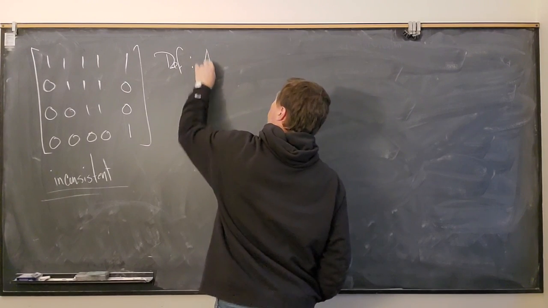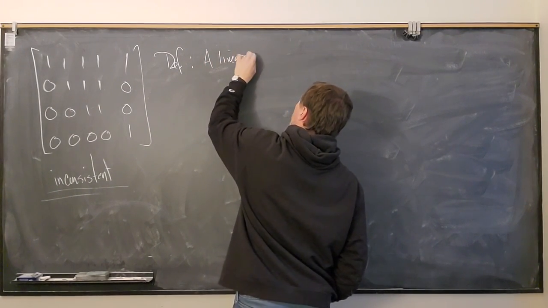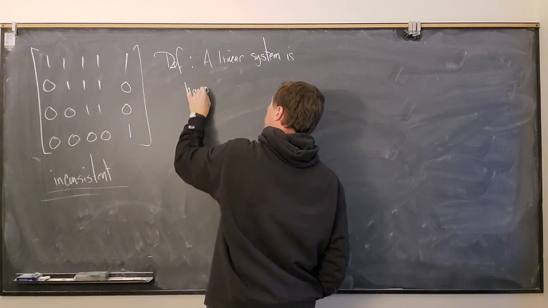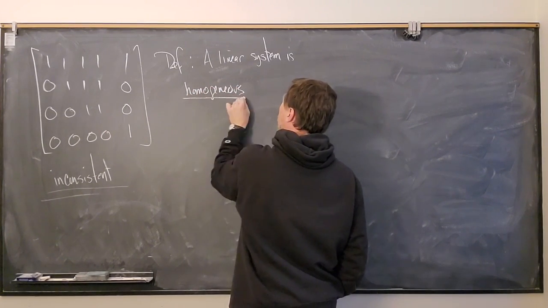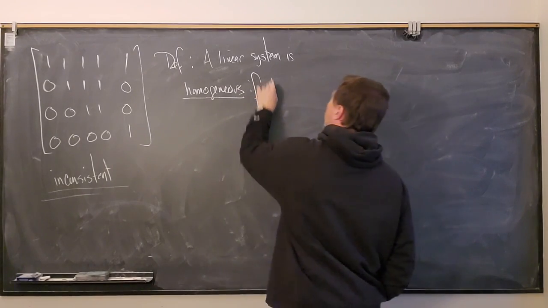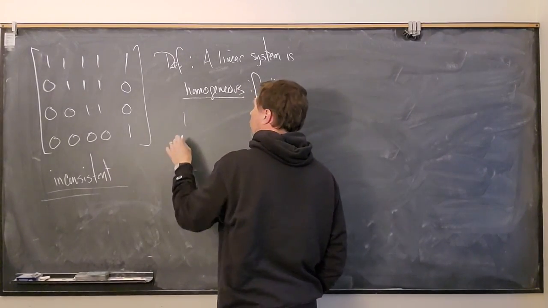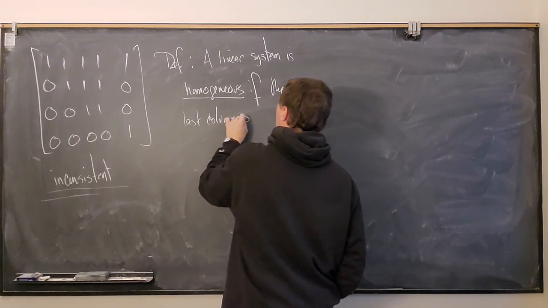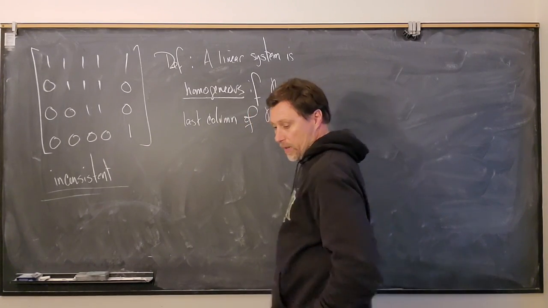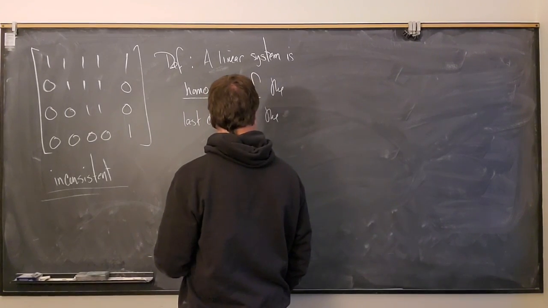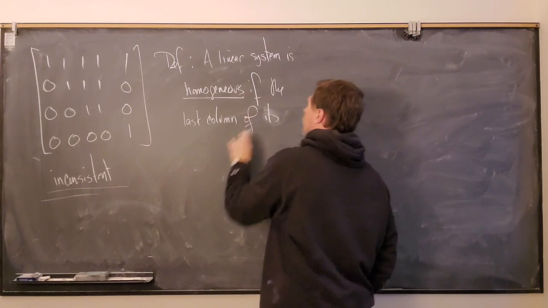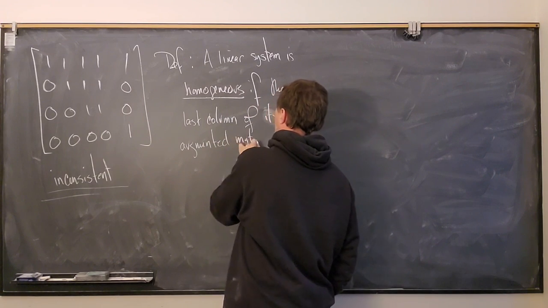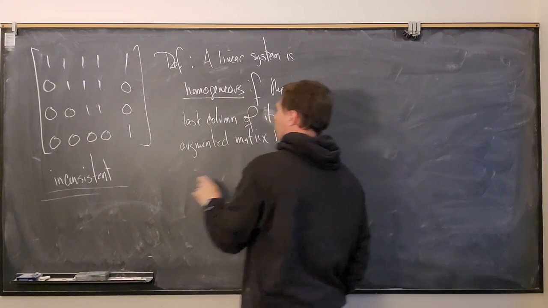So a linear system is homogeneous if the last column, the rightmost column, of the corresponding augmented matrix has only zeros.